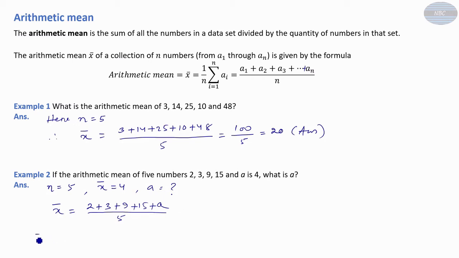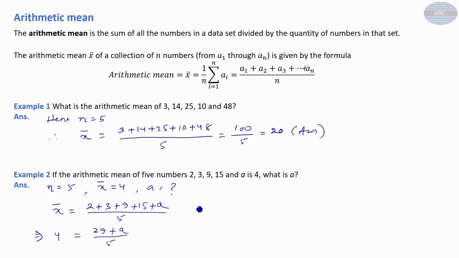It can be written as x bar, which is nothing but 4 here. So we have 15 plus 9 is 24, 24 plus 3 is 27, plus 2 is 29, so 29 plus a divided by 5.